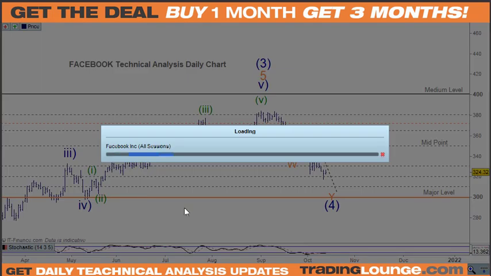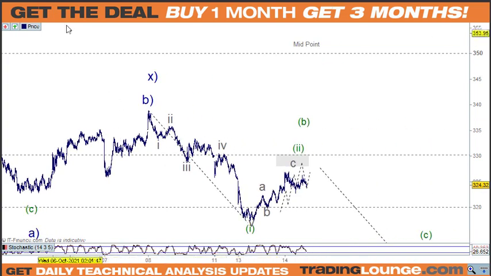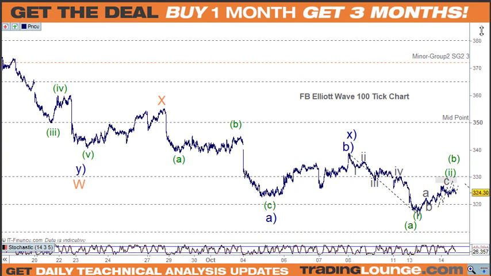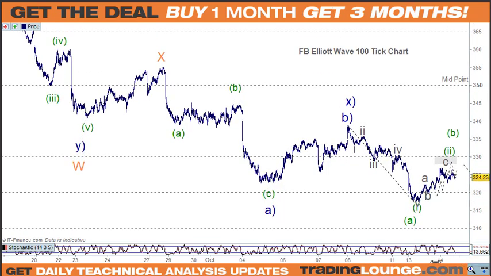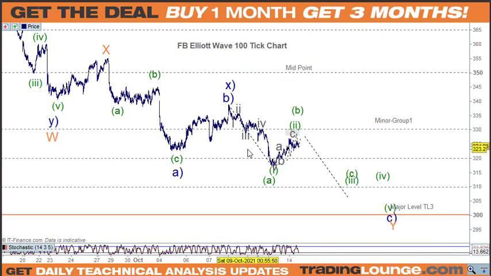Let's just move into the tick chart. Let me get in a bit more data, get a bit of perspective here. Okay, so I'm maybe doing the same thing here again, I don't know, but from wave X here, I've had an A wave, a B wave, and a C wave moving down here.